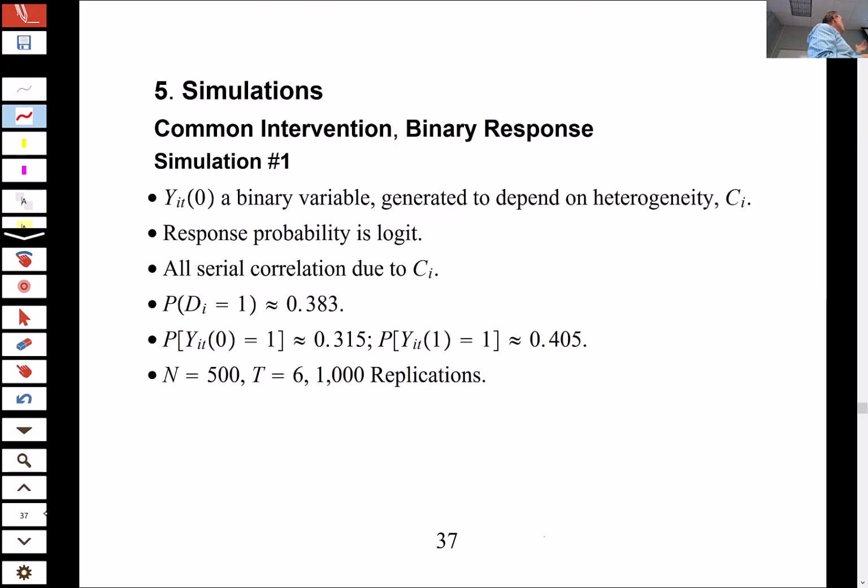But I'm going to show you how it compares with a linear analysis. In other words, the outcome is binary. You can see the treated group. This is for the common timing case. There are 6 periods and the intervention is at period 4, so you have 3 control periods and 3 treated periods. I think these seem reasonable. There is a treatment effect.